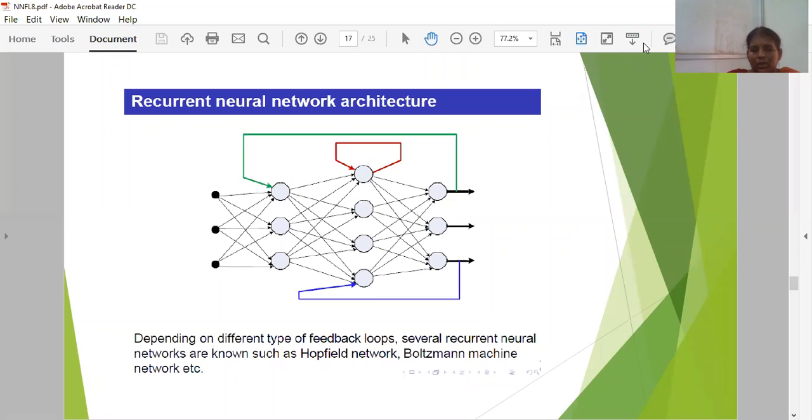There are different learning methods for how to train these neural network layers. Those learning methods we will learn one by one in our coming classes. Have you understood? Yes or no? Please respond in chat box.